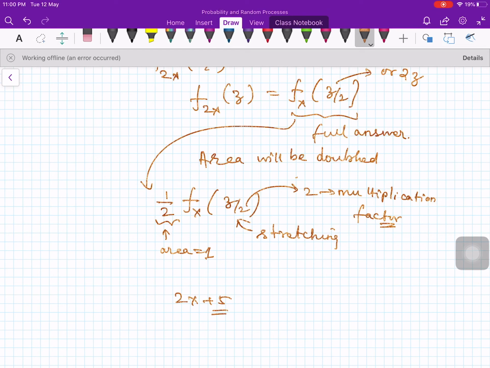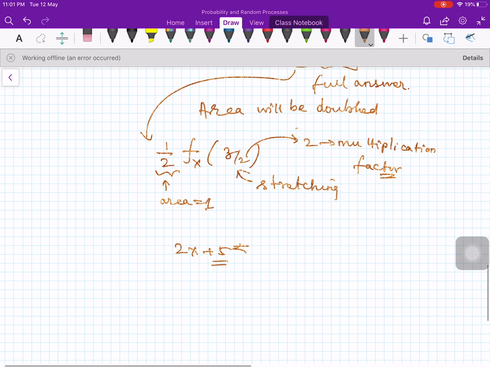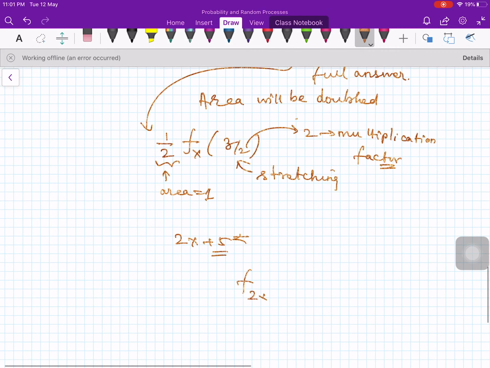Same shape, same probability density function, but shifted to some other place. If I put -5, I am shifting to the left, and if I put +5, I am shifting to the right. So all you need to do is take the same PDF, f2x, and shift it by 5 units.